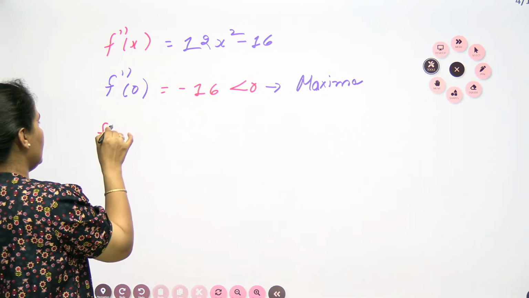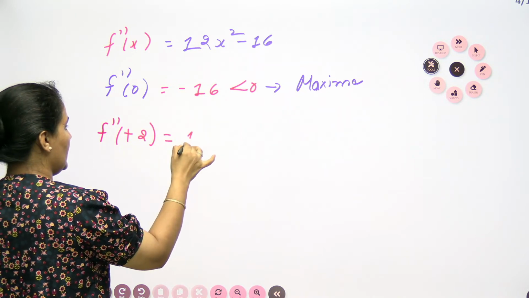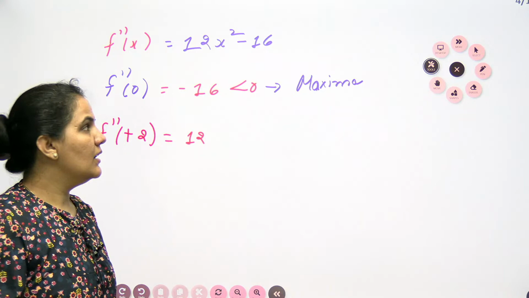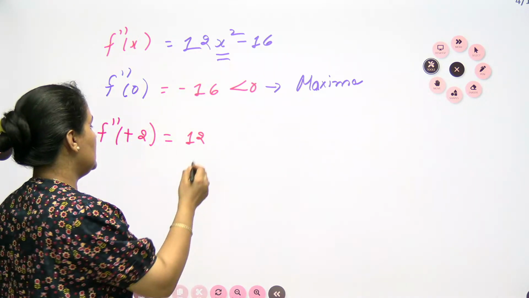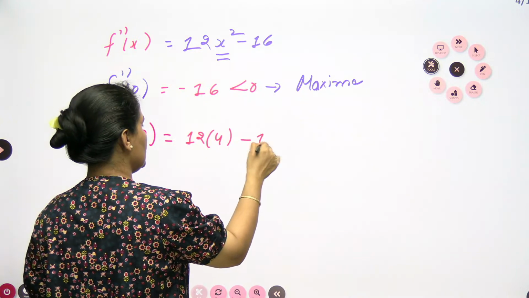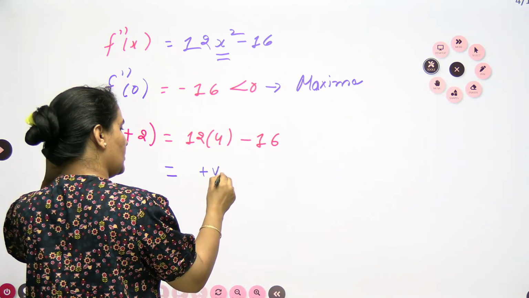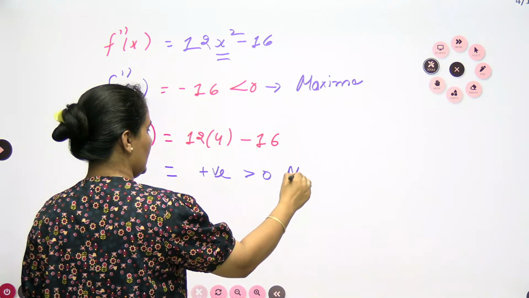Let's check the value at the given points, plus 2 and minus 2 also. Whether I put plus 2 or minus 2, it will be the same, because we have x square. So 12 into 4 minus 16 gives a positive value, which is greater than 0.